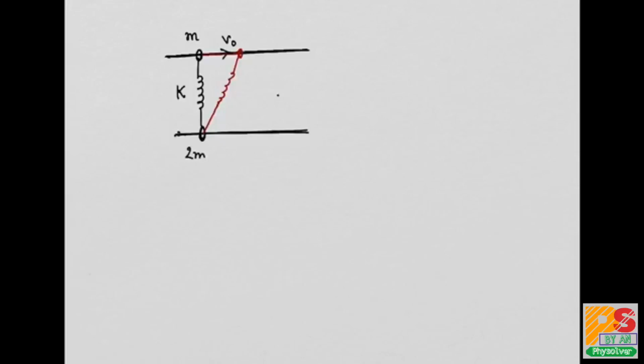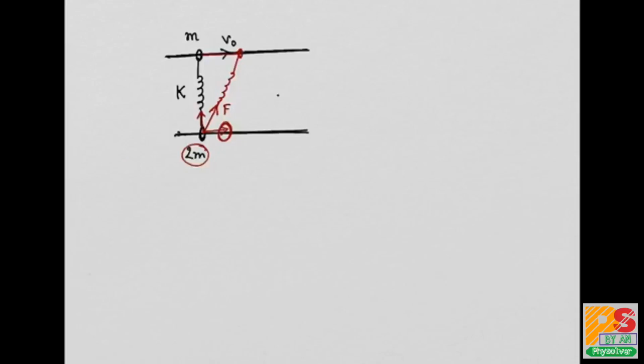Therefore the spring will be stretched by some amount, hence a force will act on this lower ring 2m in that direction, right? This force will have two components like this. Now for this component, this 2m mass should move, right or wrong? For this component, this 2m mass should move.